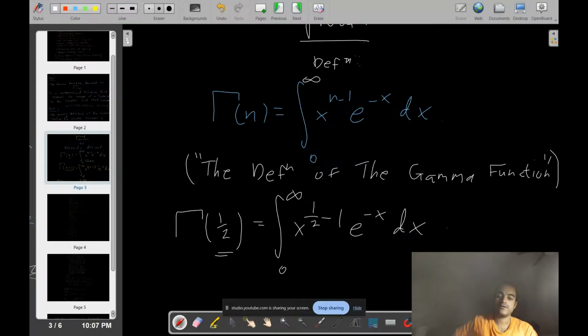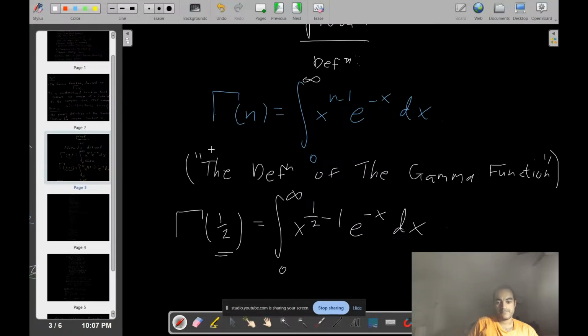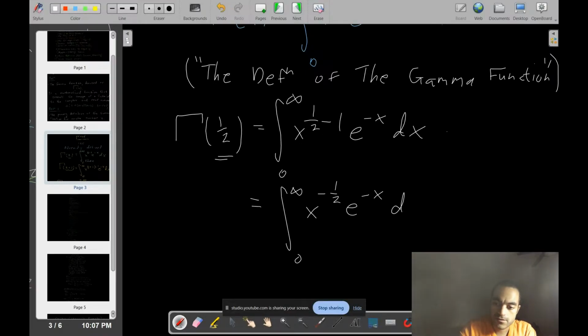That's the integral we're calculating. Now, from this step, gamma of 1/2 is the improper integral of the simplified form, x to the negative 1/2, e to the negative x dx.